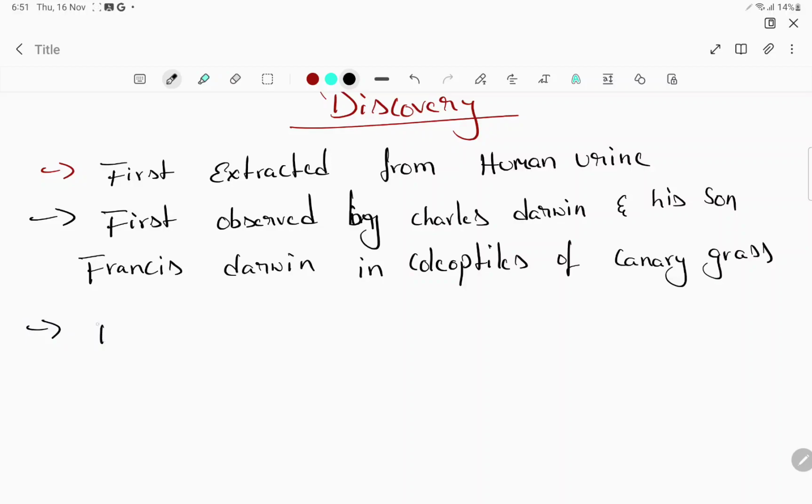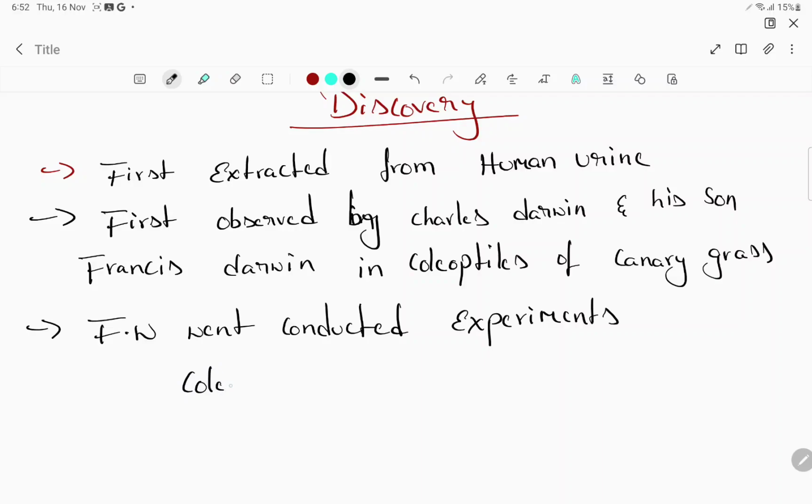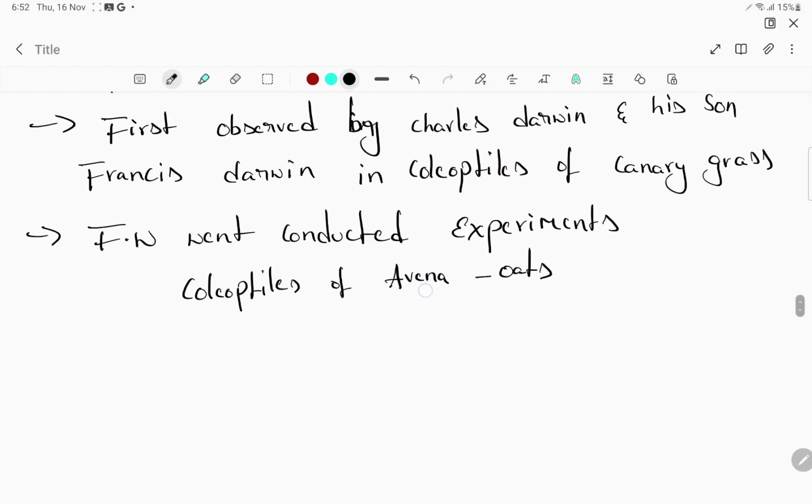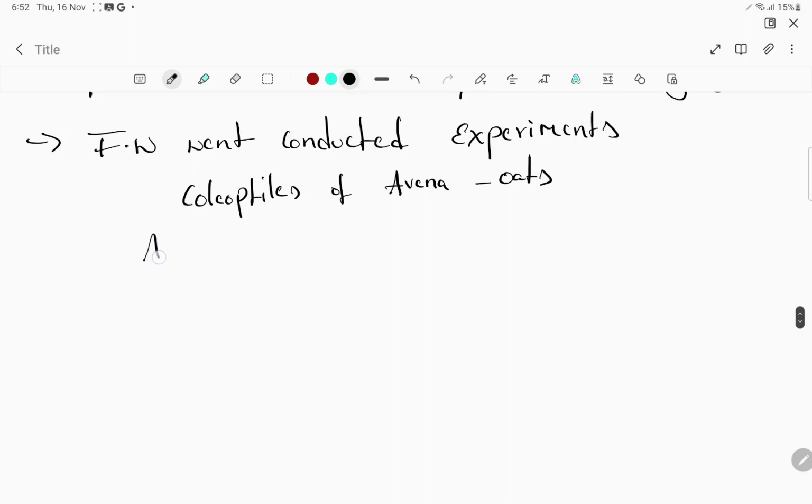And also F.W. Went conducted experiments on coleoptiles of Avena, which means oats, Avena sativa, oats. So we call that test the Avena curvature test.